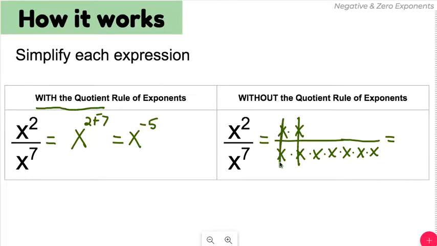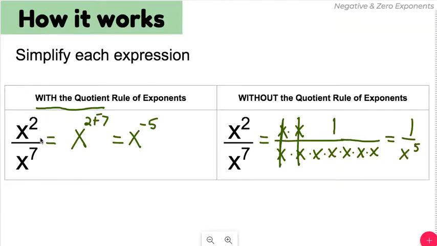These become 1s, right? A number divided by itself equals 1. So I have a 1 left on top. I didn't really talk about that on the last one. I'm left with a 1 because these x's turn into 1s. So I'm left with 1 over x to the 5th power.